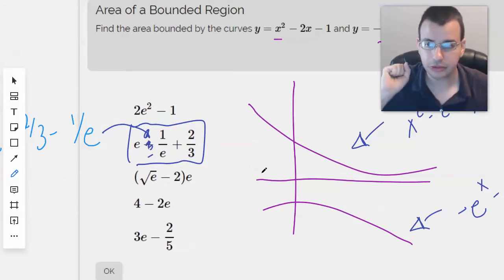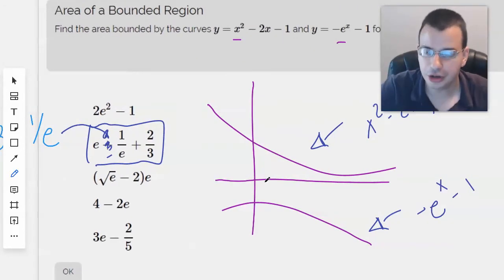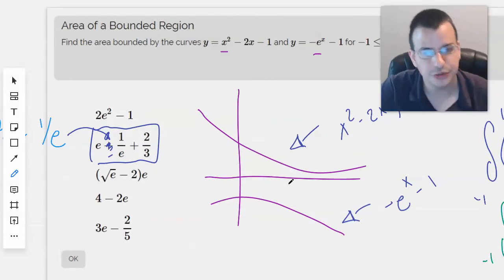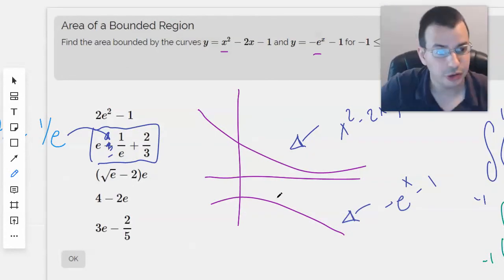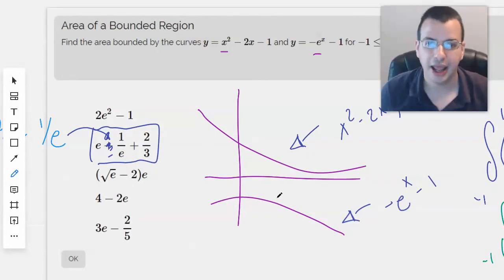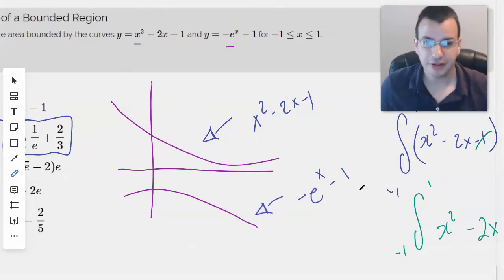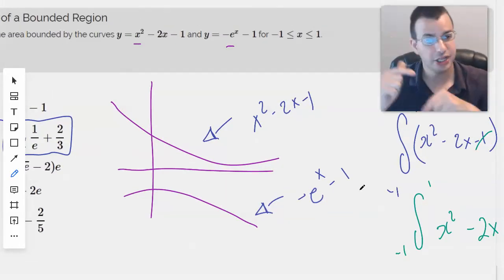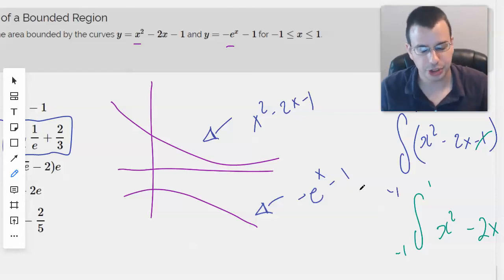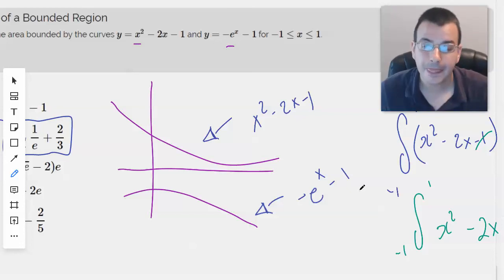So to backtrack, we're asked to find the area between these two curves. We had to figure out where the points intersect and which one's on top, which on bottom. That'll give us our limits of integration. If they intersected, then it would change which one is on top, which on bottom, probably.